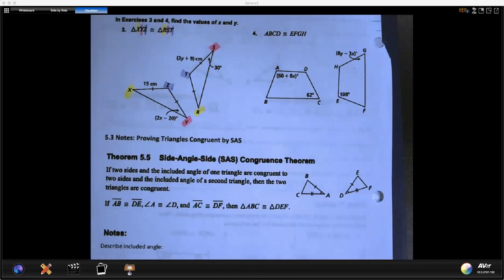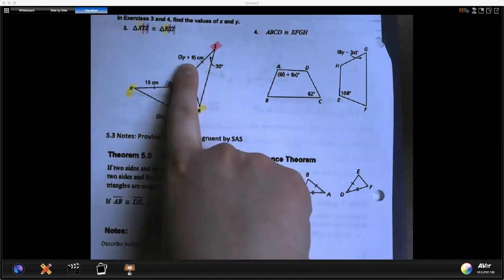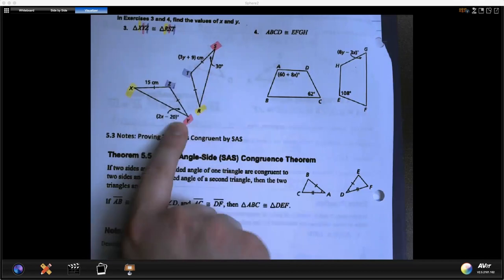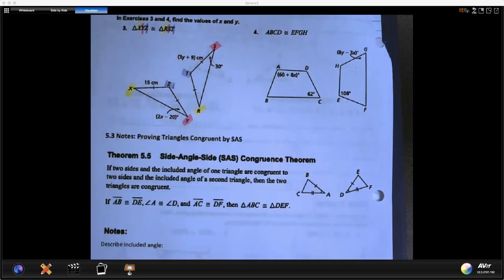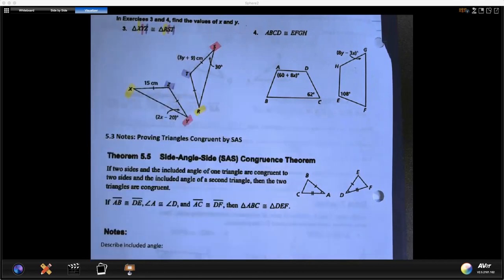With that being said, we have some bits of information. We have 15 centimeters, 3y plus 9 centimeters, 30 degrees, and 2x minus 20 degrees. Since we color coded and labeled our picture, it'll be easier to see what parts are matching, because it tells us the two triangles are congruent. So if the triangles are congruent, what do we know about the sides and angles?